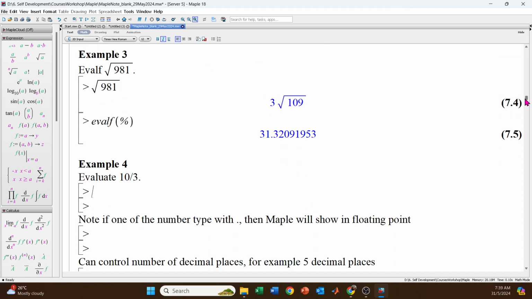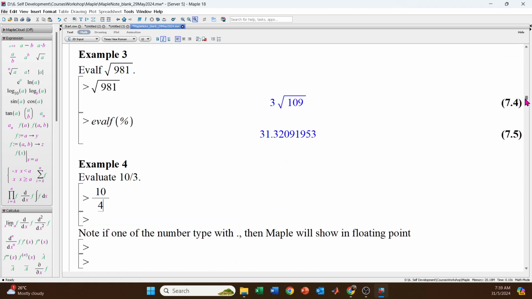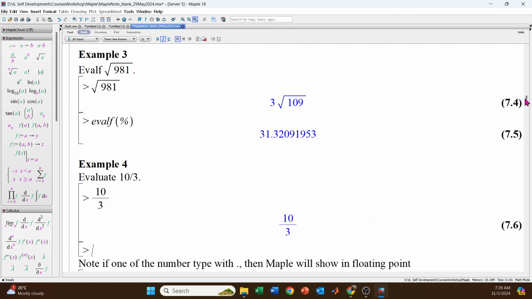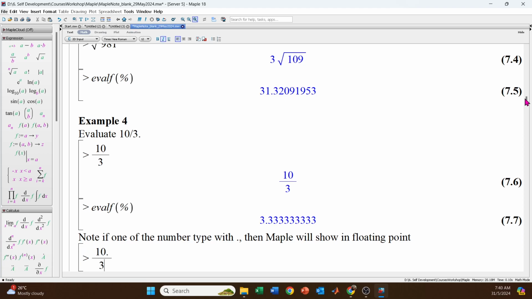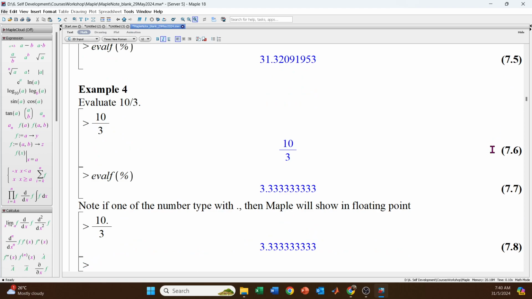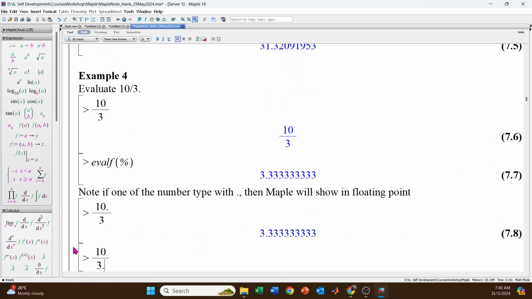Evaluate 10 divided by 3. So you may use evalf with the percent, or straight away evalf, or if you type 10 dot divide 3, or 10 divide 3 dot.